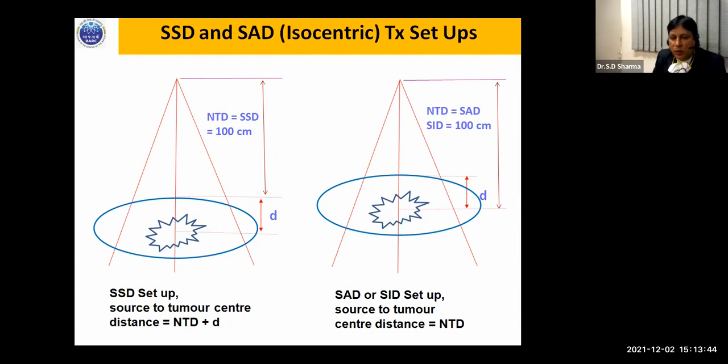The gantry can simply be rotated and dose delivered from different angular positions by different beams. So isocentric setups are usually very convenient to implement. It is a time-saving approach, gives convenience to the technologist, and spares machine time, enhancing throughput.